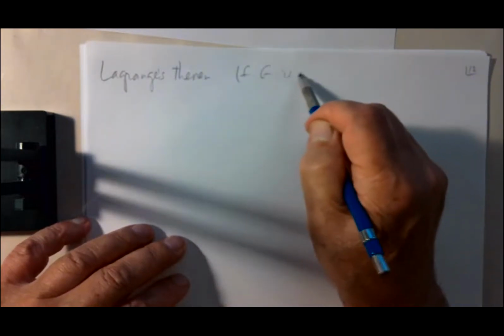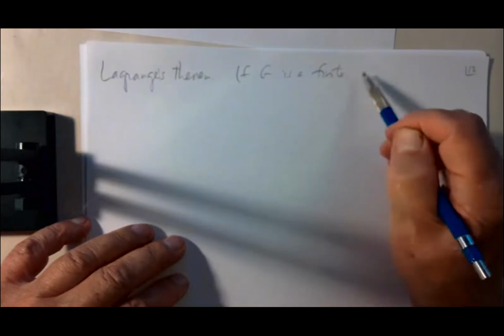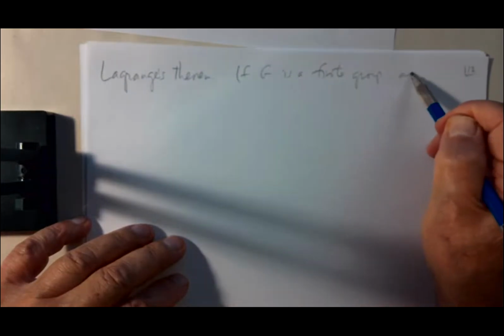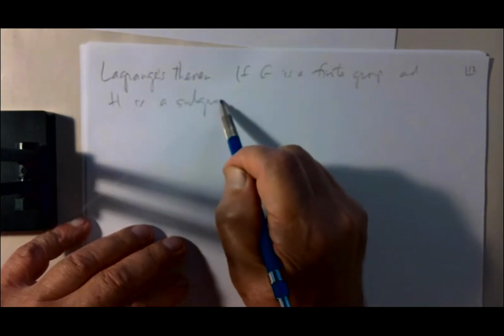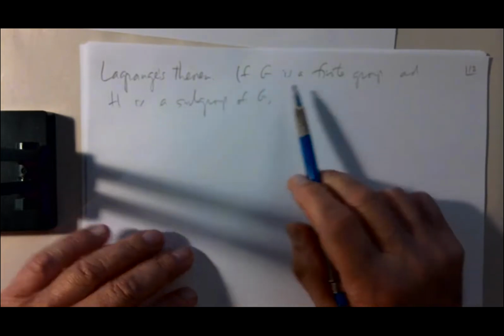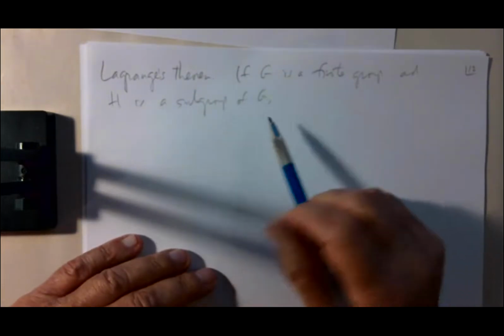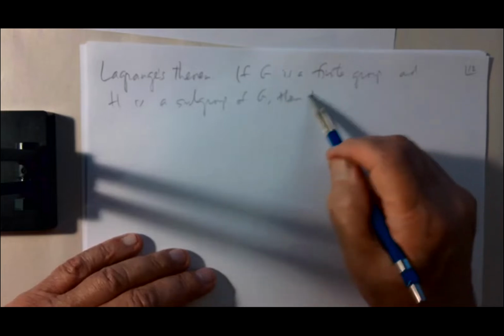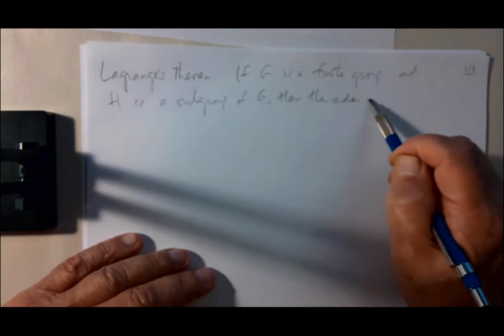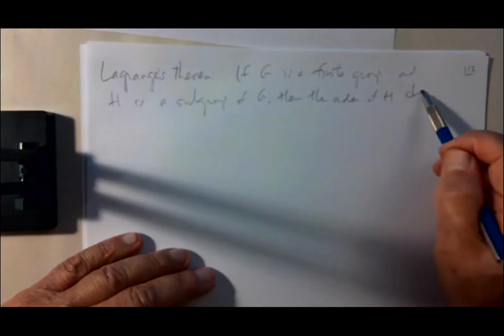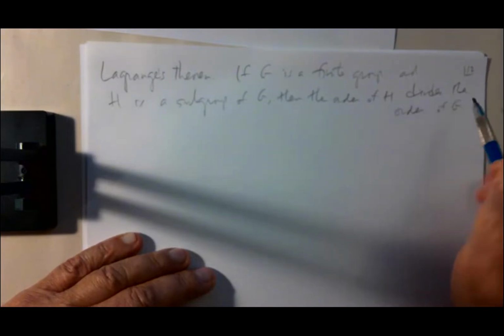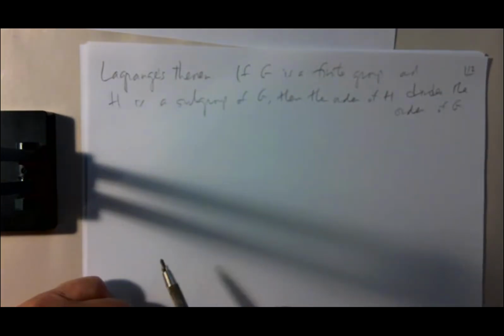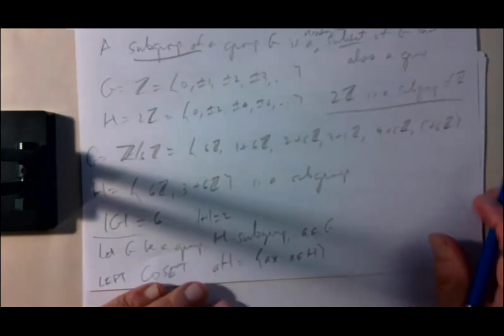If G is a finite group and H is a subgroup of G, so G is a finite set, so H is a finite set, then the order of H divides the order of G. So here we had an example.